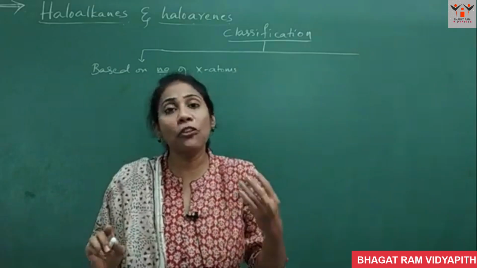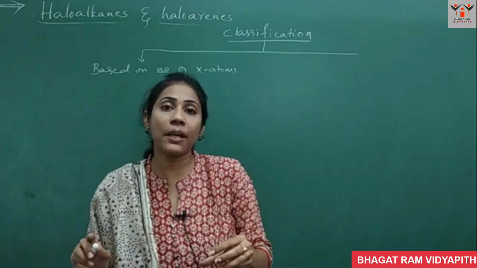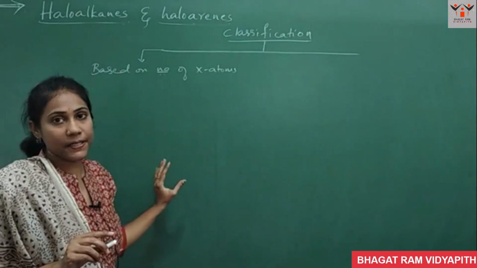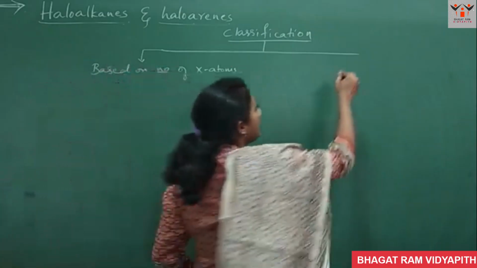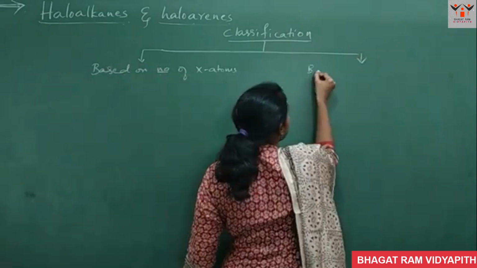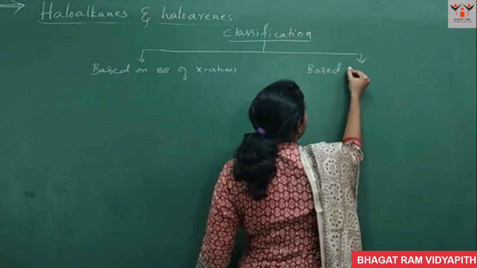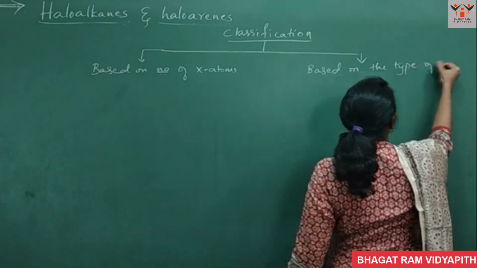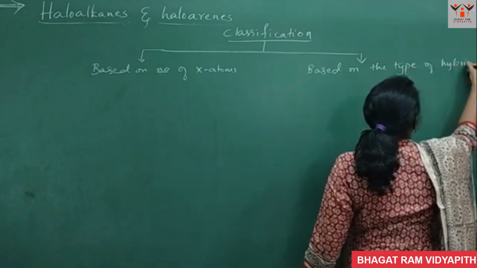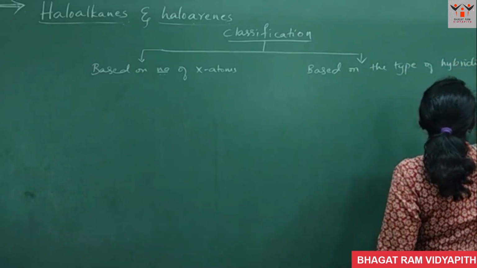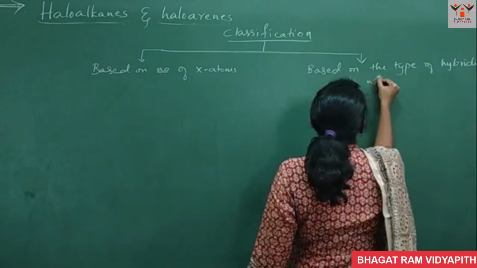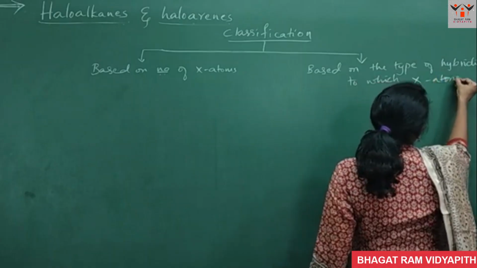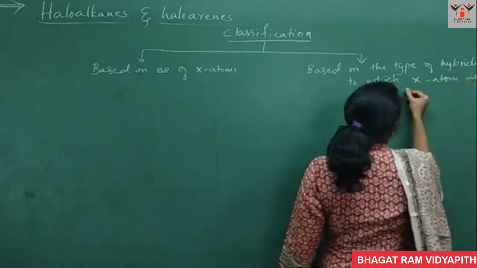So based on how many X atoms we have in a molecule, we can classify haloalkanes into different categories. And another concept, which is very important to understand, is based on the type of hybridization to which the X atom, that is the halogen atom, is attached.